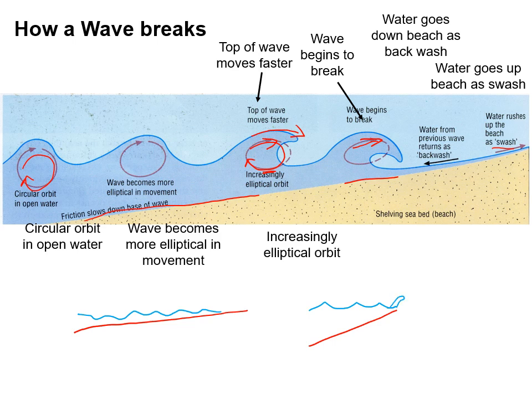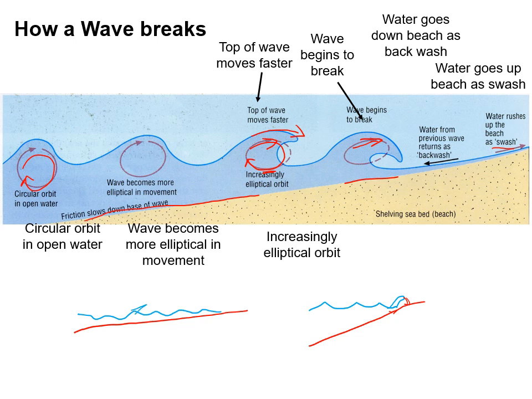So on a beach that's very steeply sloping, the wave would probably crash down onto you at the very last minute because of this process we looked at above. Whereas on a beach that's very gently sloping, the wave might start to break much further out.